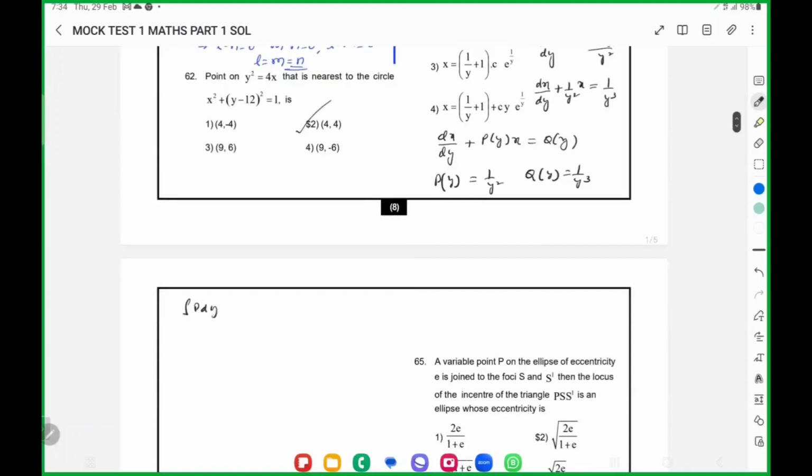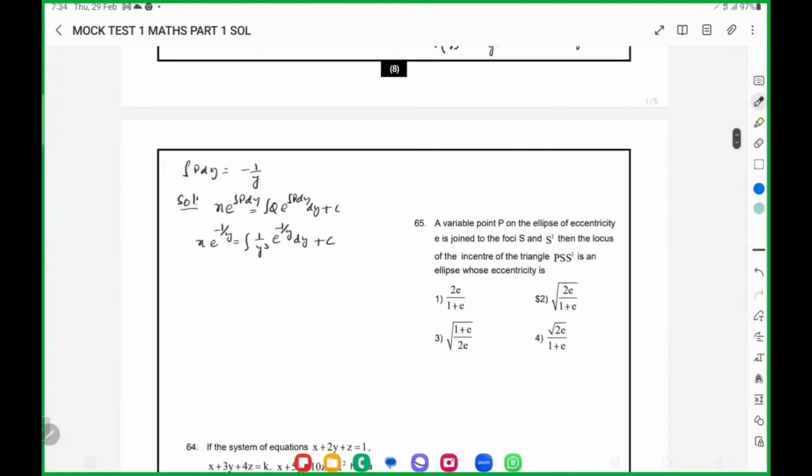The integrating factor is e power integral P dy. So for the linear differential equation, x e power minus 1 by y equals the integral of Q times the integrating factor. Take 1 by y as u, so 1 by y square dy is du.